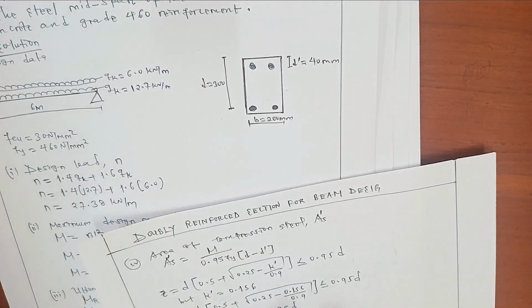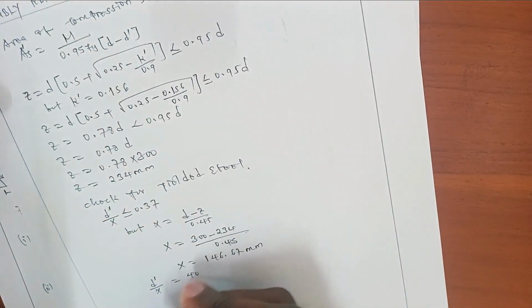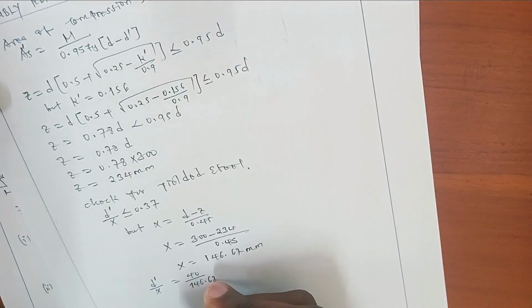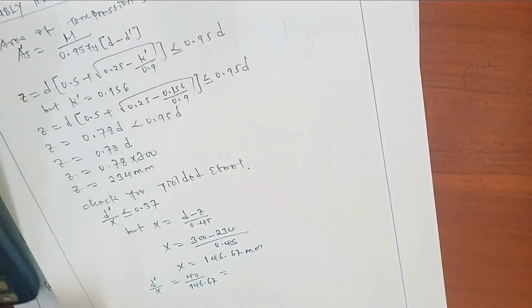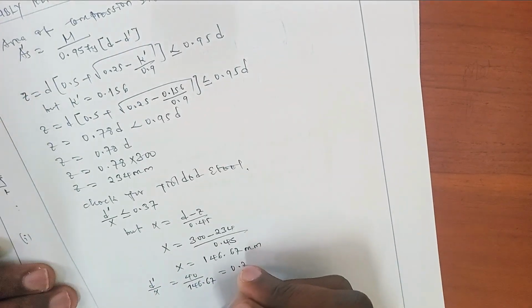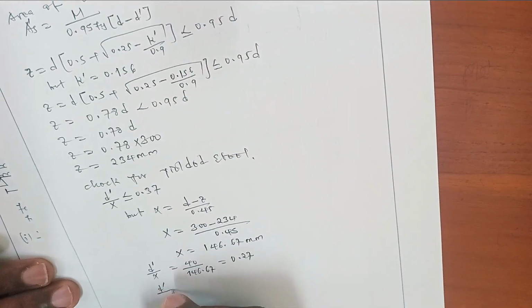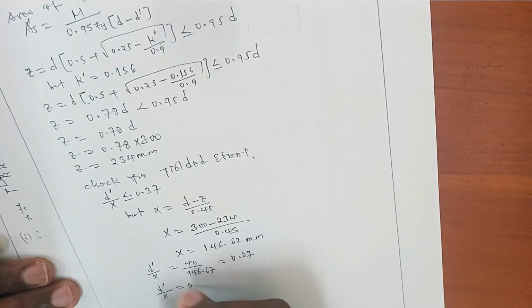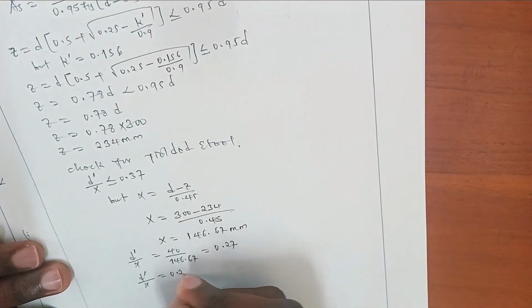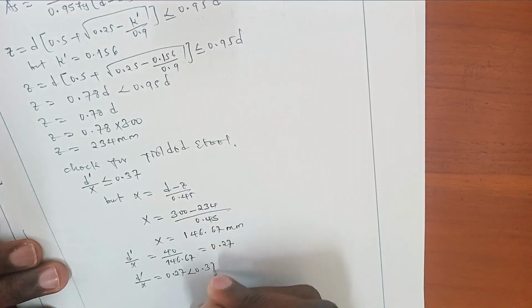Now, let's find the effective depth at compression zone divided by x. Effective depth at compression zone was 40 millimeters. So we take 40 millimeter divided by 146.67. It will be equal to 0.27. So effective depth at compression zone over x is equal to 0.27. This is less than 0.37.